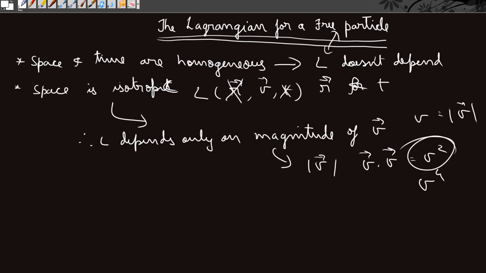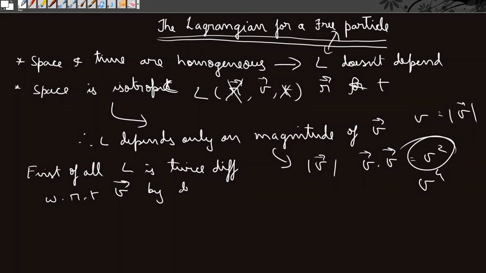Alright, so let's first of all, if you go back to our second or third lecture, we had assumed that L is a twice differentiable function with respect to r, v as well as t, and that implies L is twice differentiable with respect to v by definition, and that means we cannot have L as a function of mod v, because mod v is not differentiable at 0, so it cannot be this.